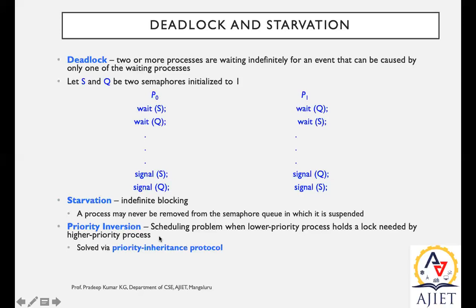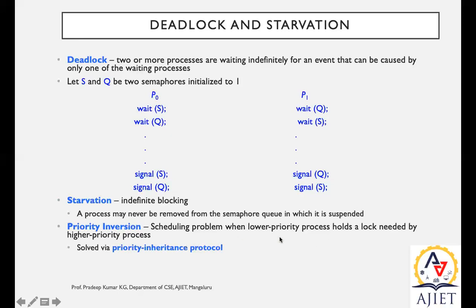We may have a priority setup. Priority inversion is a scheduling problem that arises when a lower priority process holds a lock needed by a higher priority process. So we can include priority for individual processes. Again here we can have a scheduling problem, that is, when a lower priority process holds the lock, a higher priority process may need the lock for its execution.